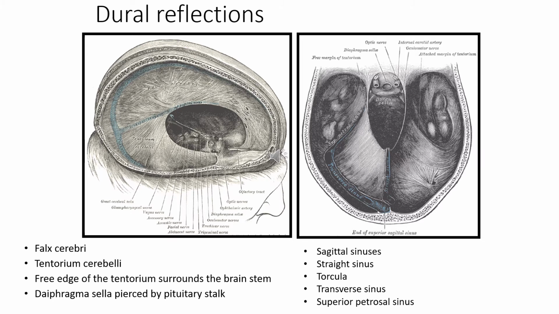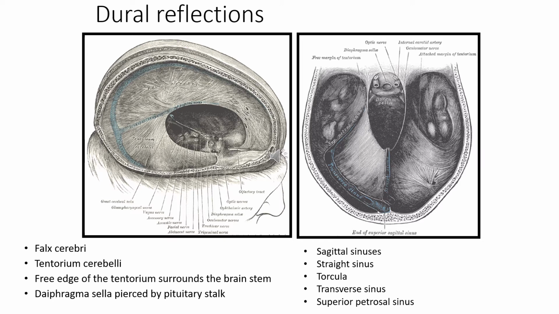So the torcular receives the sagittal sinus and also the straight sinus. So the straight sinus is going to drain the inferior sagittal sinus in the free edge of the falx cerebri and then drain into the torcular at the junction of the connection of the tentorium cerebelli and the falx cerebri.